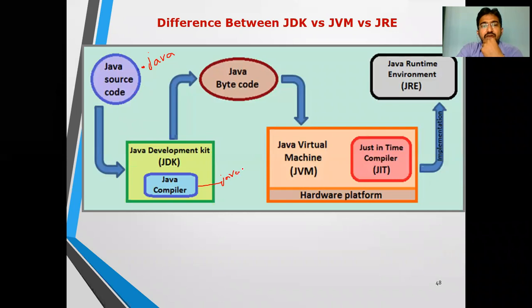Just now we have seen it in the tools, right? So we give the input file name.java to javac. Javac means Java compiler. It generates bytecode. What is the format of bytecode? The file extension is .class. The .class file will be there, the bytecode.